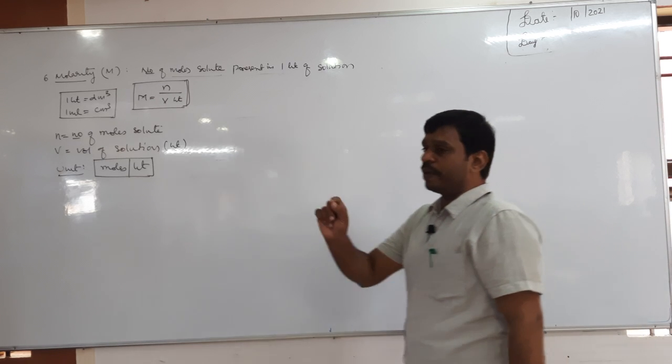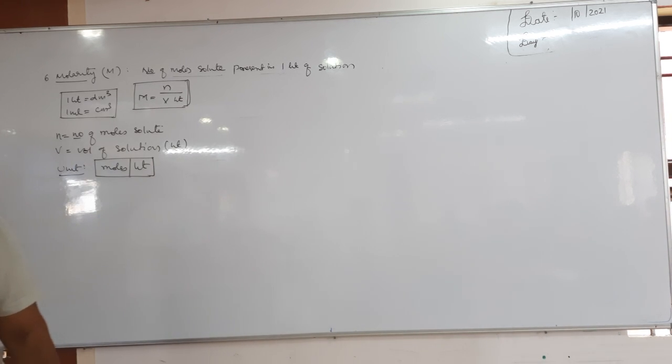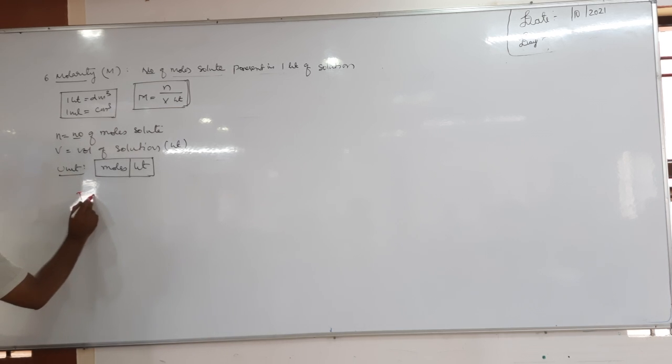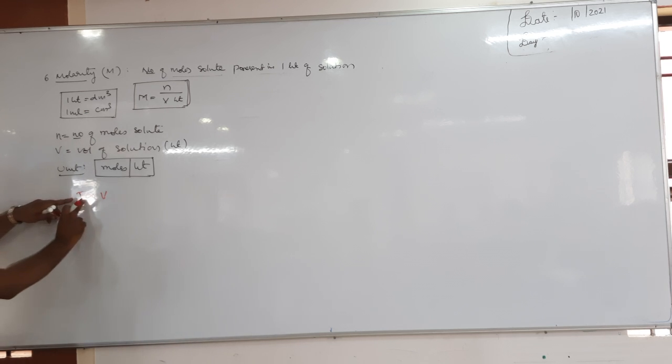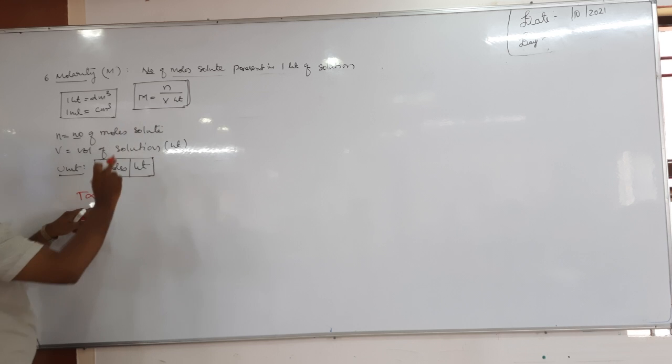It depends on temperature because there is a volume term, right? We know that volume depends on temperature. As the temperature increases, volume increases. So temperature is directly proportional to volume. When temperature increases, volume increases; when volume increases, molarity decreases.